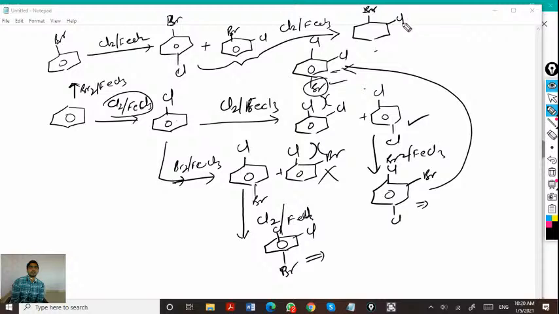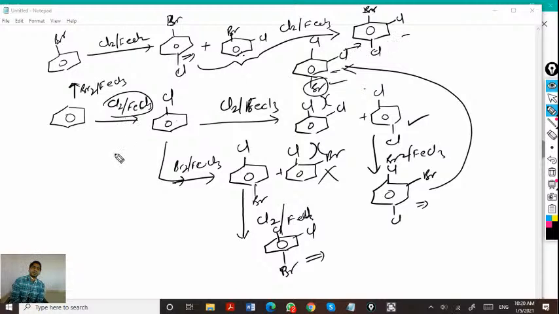So it's going to direct towards itself. At the same time, the ortho position is already occupied, so substitution must take place at the para position of the bromine. So both the products are going to give the same.